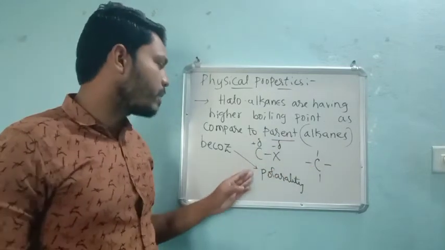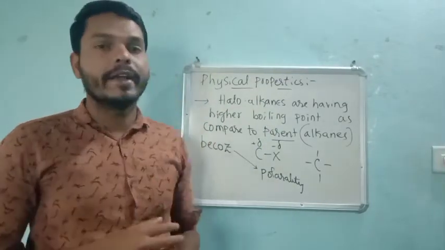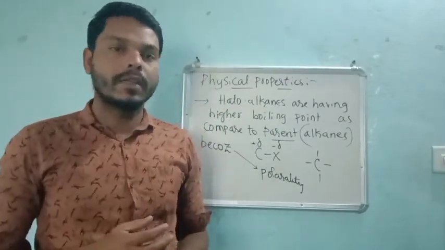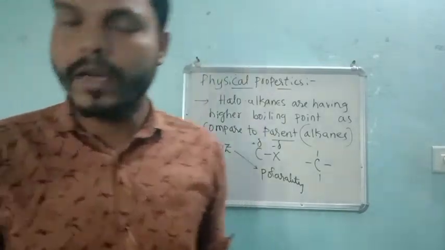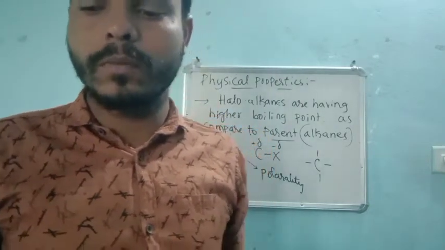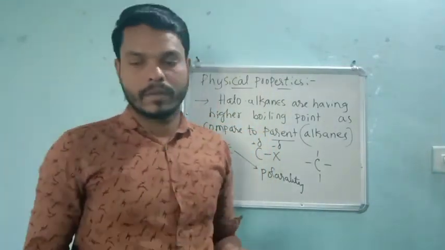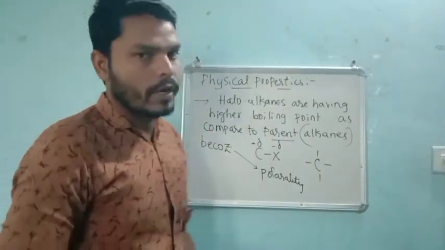But in haloalkanes there is a polarity, so that's why we can see a more boiling point. Because of the presence of halogen, they show a more boiling point.